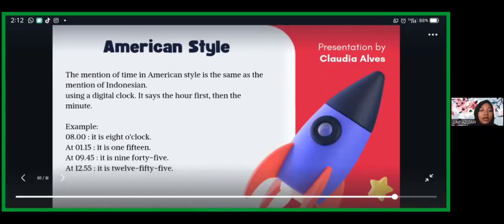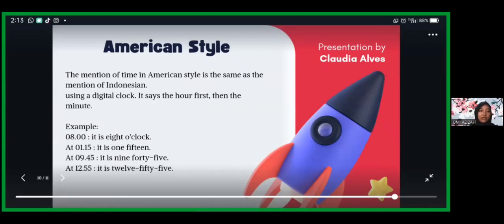Last time I explained about the British style, now the American style. The second way of saying the time, okay? American style doesn't use the terms past, to, a quarter and a half like British style. But the measure of time in American style is the same as in Indonesian.